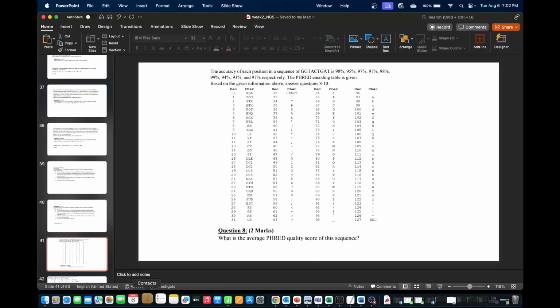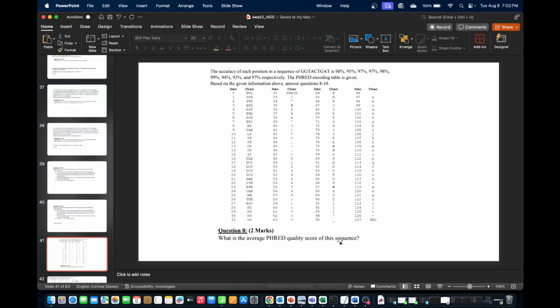If you average this out, it's basically your average Phred quality score. I'm sorry, is it the average of Phred plus 33 or just the Phred score?